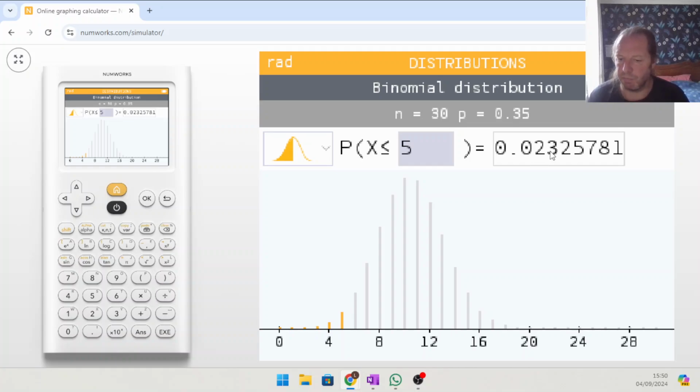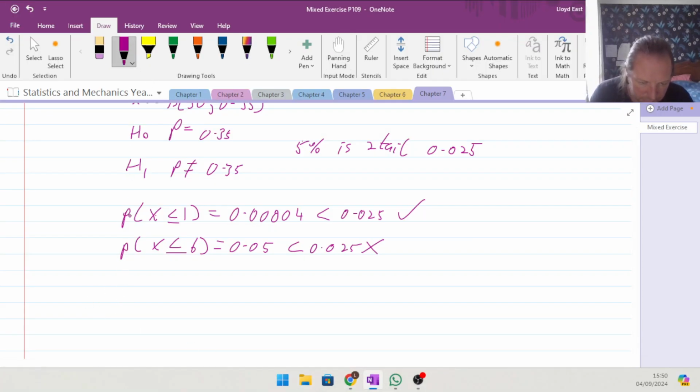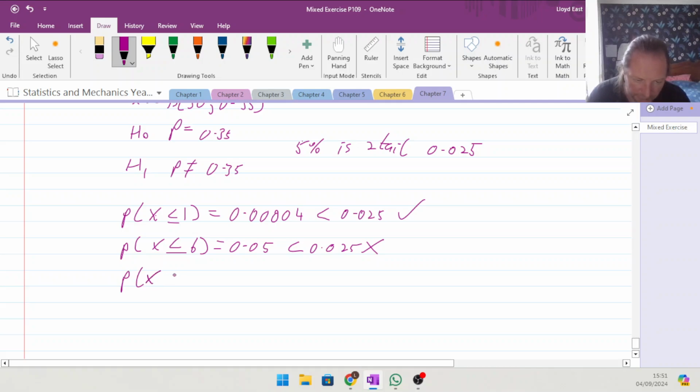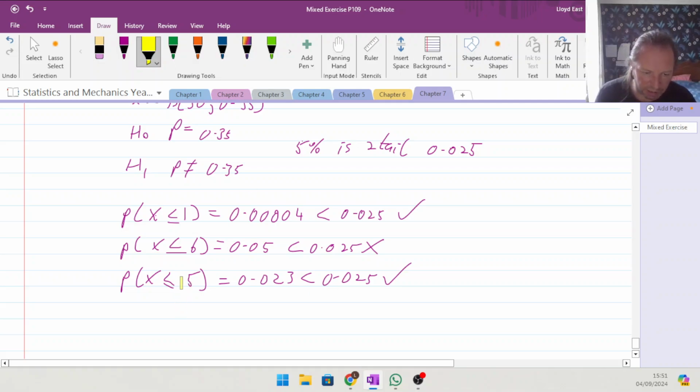So the probability that x is less than or equal to 5 is 0.023, and that is less than 0.025. And so that is good. That's a critical value there, the 5.